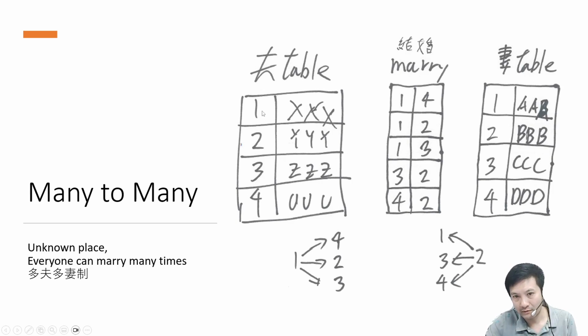You got man 1 with wives 2, 3, and for woman number 2, B got 1, 3, 4. Do you see that B is 2, 1, 3, 4? The logic is quite straightforward, and it is mandatory to have a table for the association or relationship. Somehow we need a bridge to connect them together.